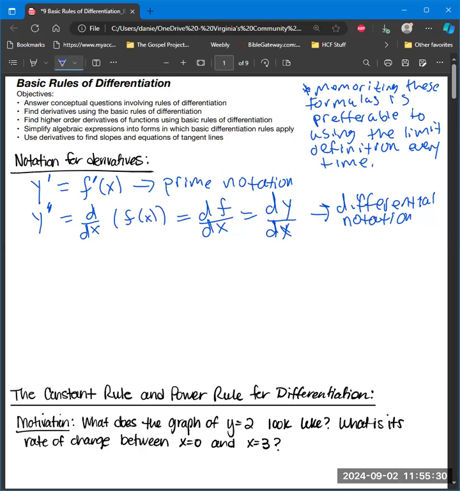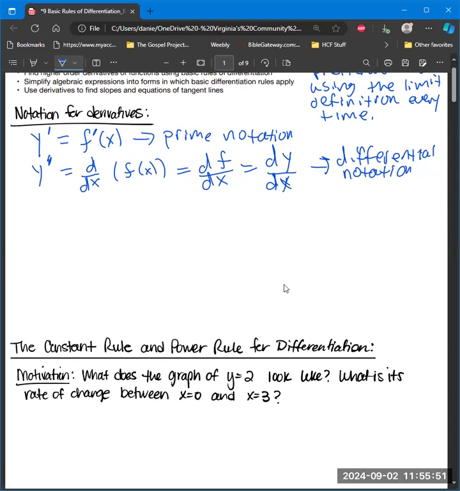But we are going to want to take the derivative with respect to other variables later that you don't see in the notation f of x. We'll get to that when we get to implicit differentiation here in a little bit and related rates and things like that that are going to be some applications of derivatives. When we do those things, we're definitely going to want to use this differential notation to show people what it is we took the derivative with respect to.